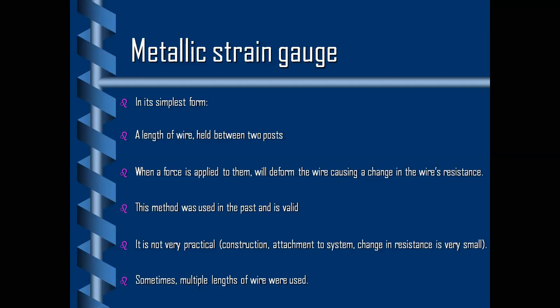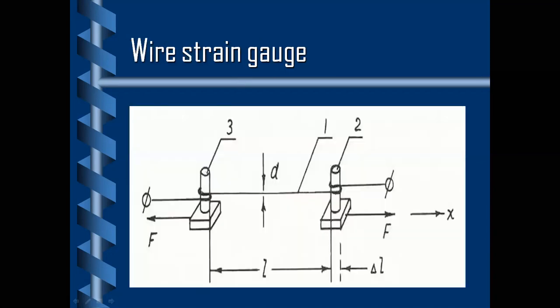You cannot individually use the strain gauge; you have to use some platform to mount it. Sometimes multiple lengths of the wire were used in previous applications, because the resistance change is very small and we are interested in a large change in resistance. To achieve that, multiple lengths of wire can be used. So this is the wire strain gauge.